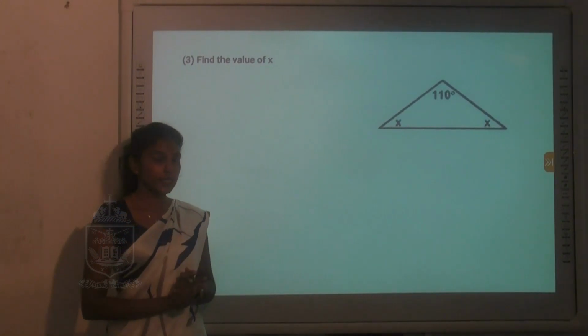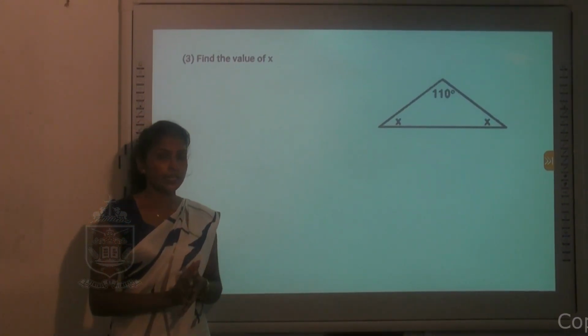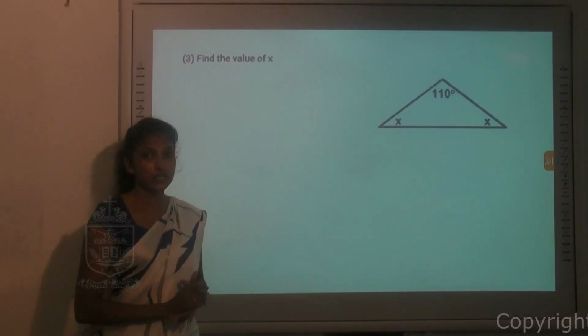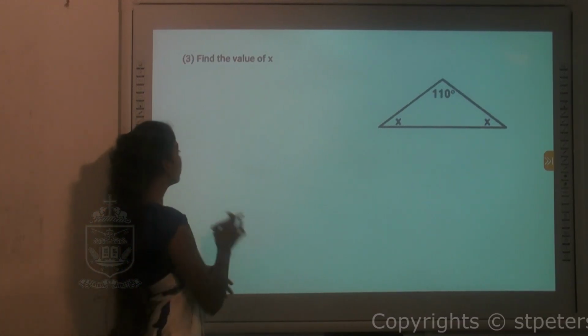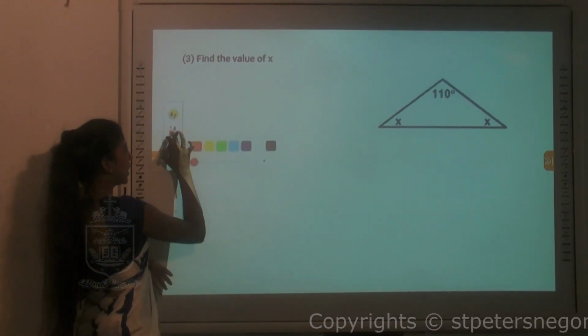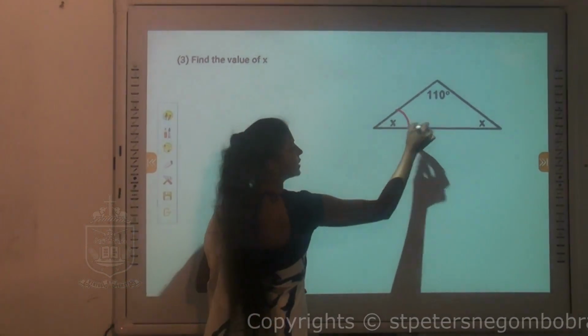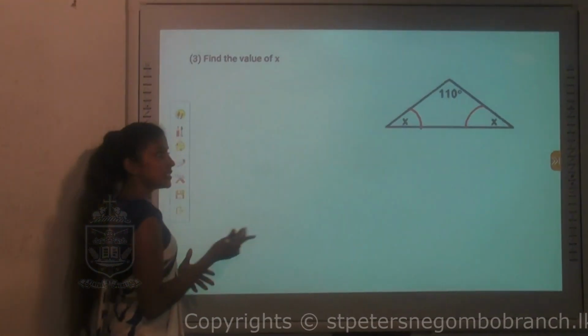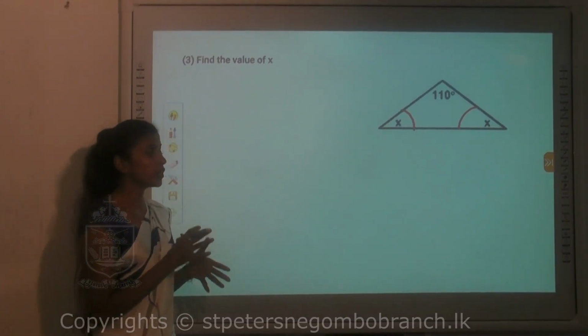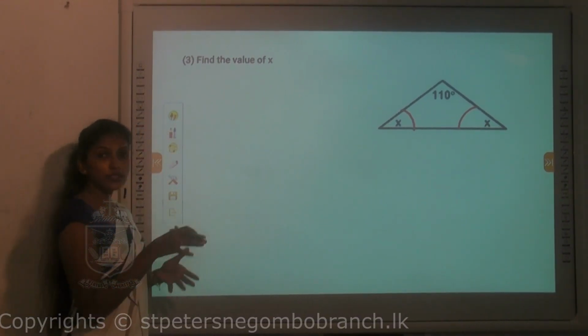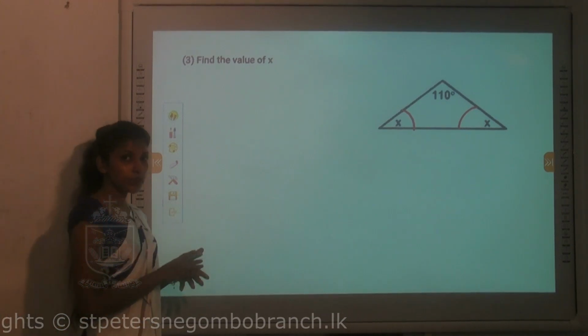You all can see here two unknown angles are given while one known angle is given as 110 degrees. But when you are considering the unknown angles, both angles are given in terms of x. So that is not different, it is not difficult. You can add all three interior angles like we did in the previous example.